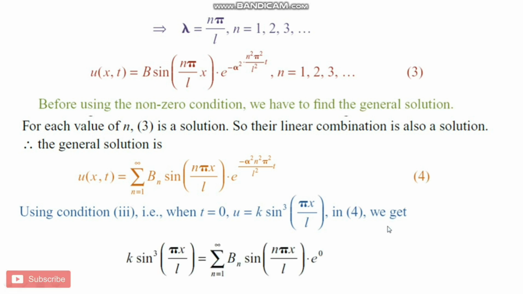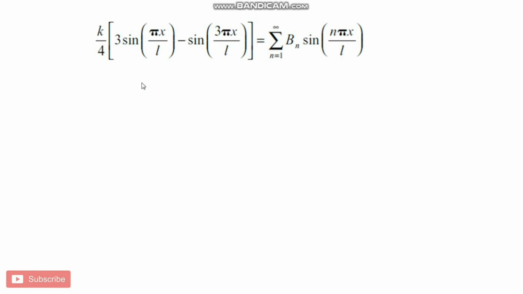We will get k sin³(πx/L) equals sigma n varying from 1 to infinity of Bn sin(nπx/L), where t replaced with 0 gives e^0. Using the identity, k by 4 times (3 sin(πx/L) minus sin(3πx/L)) equals sigma n equal to 1 to infinity of Bn sin(nπx/L).